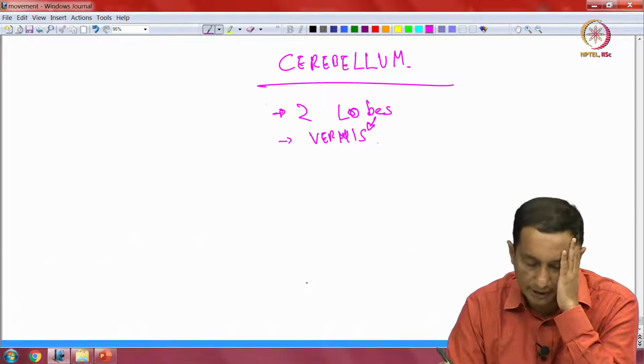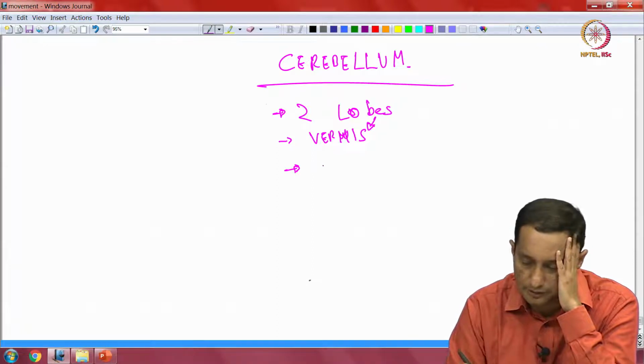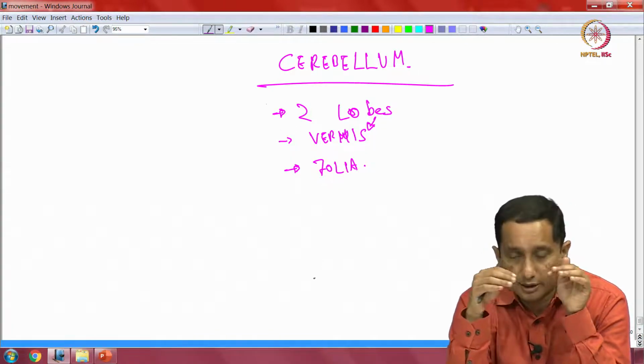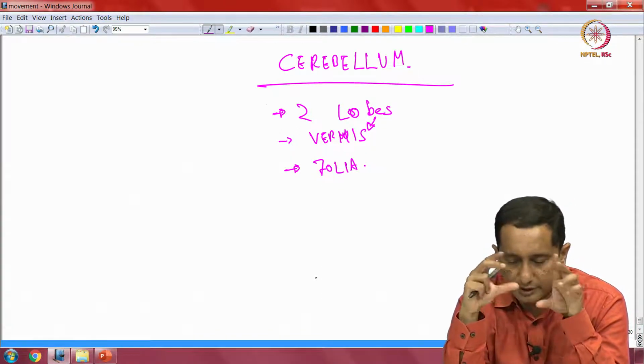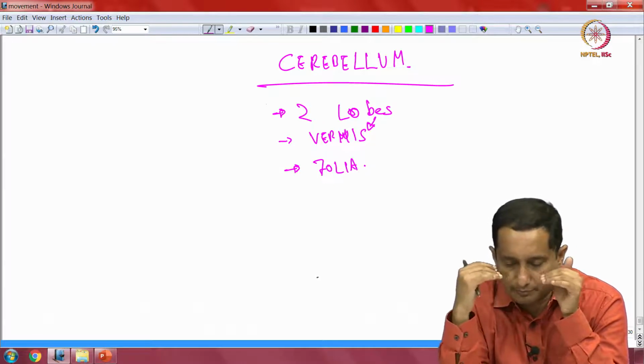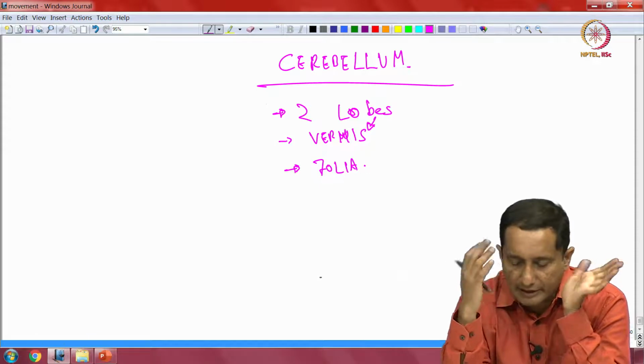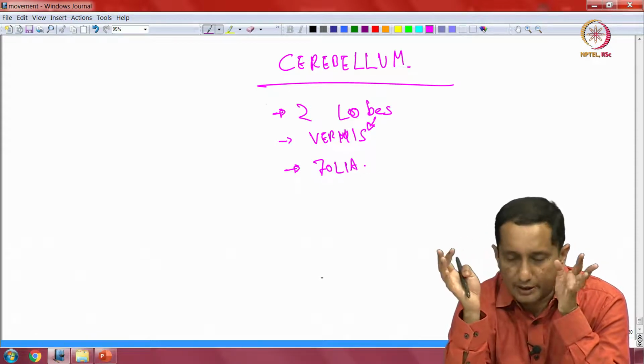The central part of it is the vermis. The convolutions on the surface of the cerebellum are called folia. There are big fissures which split it into multiple parts visually, but functionally you have a different kind of arrangement.